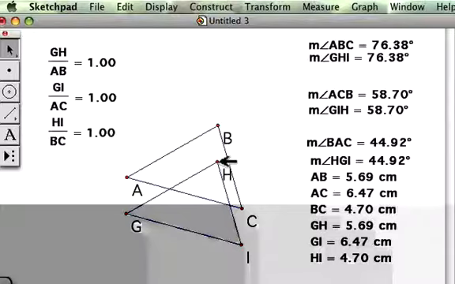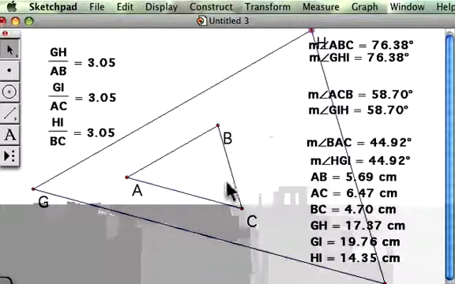So in this case, our two triangles are congruent. And now triangle GHI is an enlargement of triangle ABC, but the two triangles are similar.